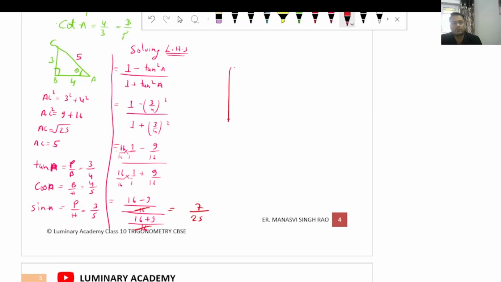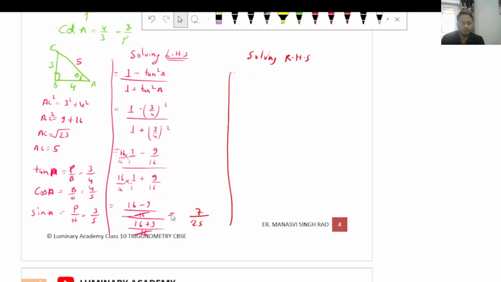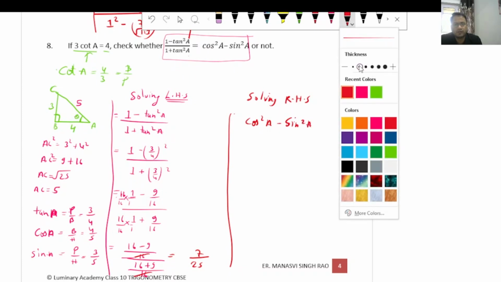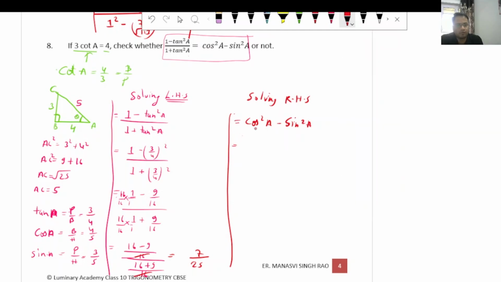Now you need to check for the RHS, the right hand side. So cos square A minus sin square A. Here I will be substituting the value of cos.